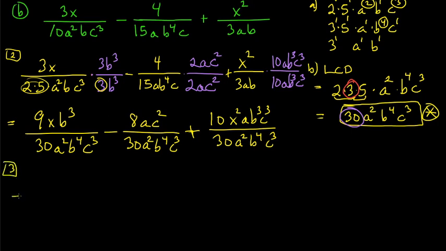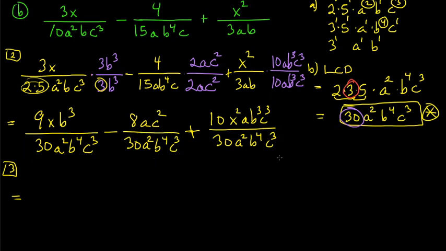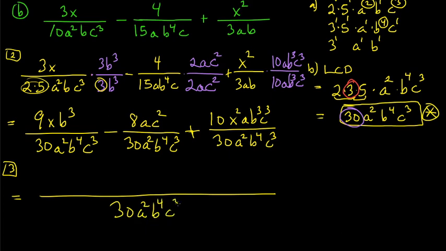Right? Step 3, notice that all 3 denominators here are exactly the same. In fact, they are the least common denominator. That's the whole point for doing all this, right? We couldn't add or subtract anything until we get the denominator to be the same. Now it's the same for all 3.